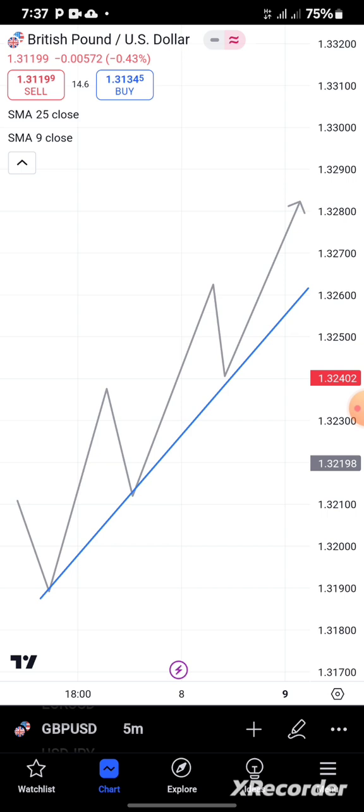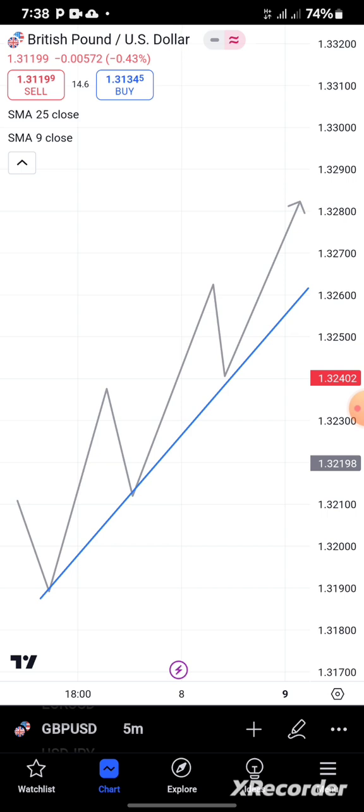Supply and demand deals with accumulation of transactions in the market and equilibrium. Accumulation of transactions basically means the point where transactions have been very many and the market is in consolidation, like the sellers are equal to the buyers and the market is in a sideways movement and it is making a base.